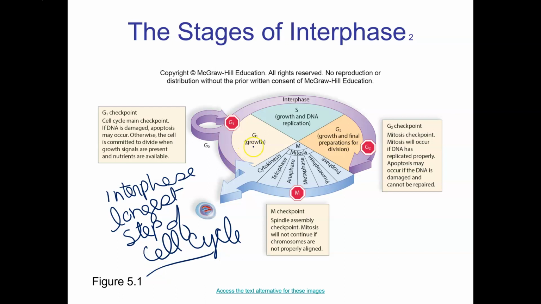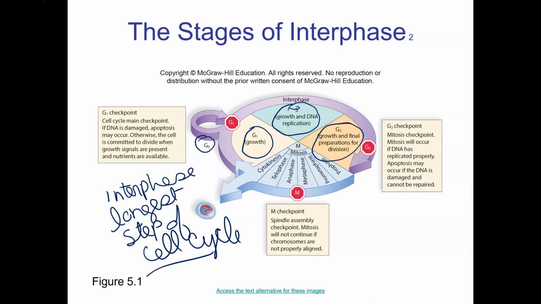So we have growth phase 1, synthesis phase, and growth phase 2. There is this G0 phase. G0 phase occurs in some cells where they go into a maintenance period. So they're still producing the proteins they need. They're doing all their normal maintenance, but they aren't preparing for division.